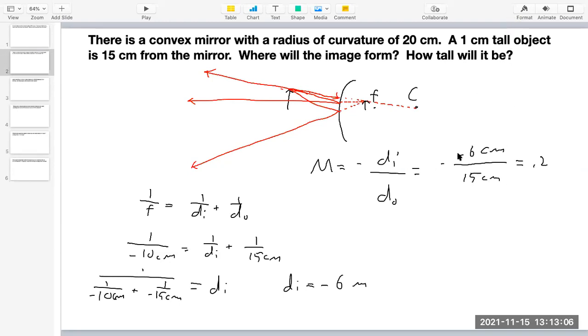So if it used to be 1 centimeter tall, it will now be 2 millimeters tall. So you are correct that we are getting, oh wait, no, we are getting things smaller, which is typical for our convex mirror. If you hold a spoon fat side out and look at yourself, you look not very big.